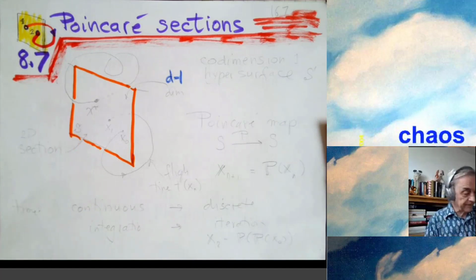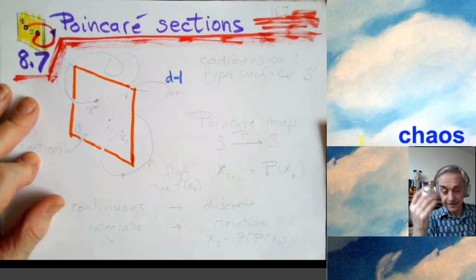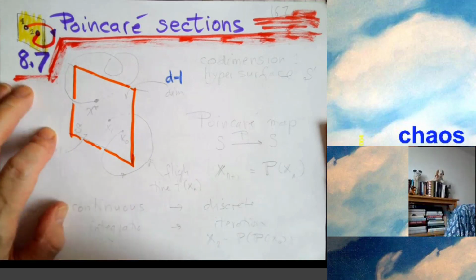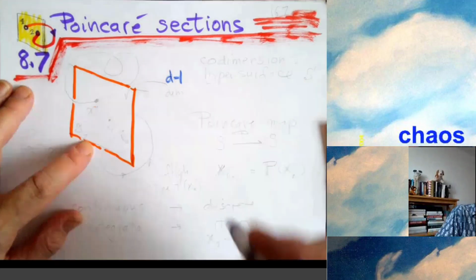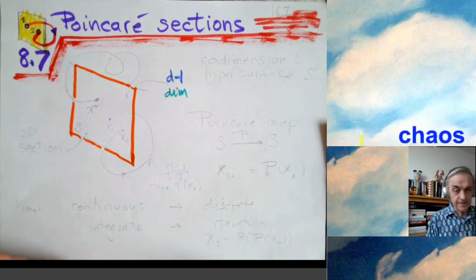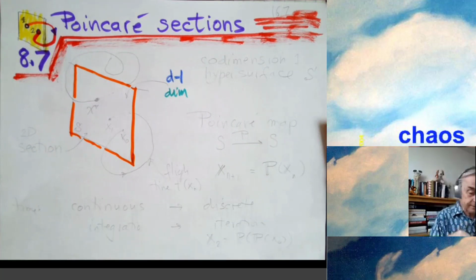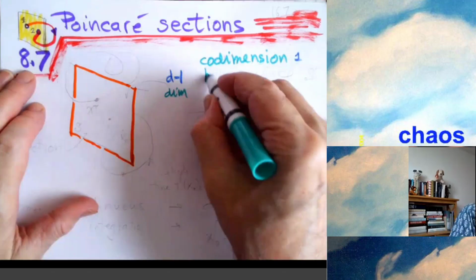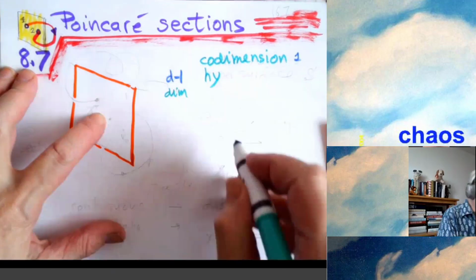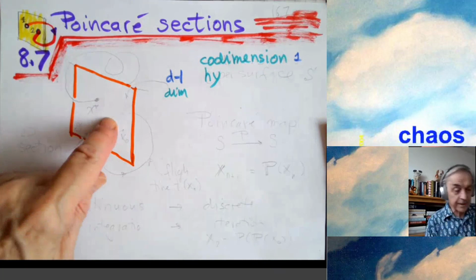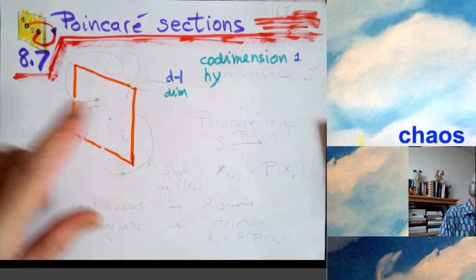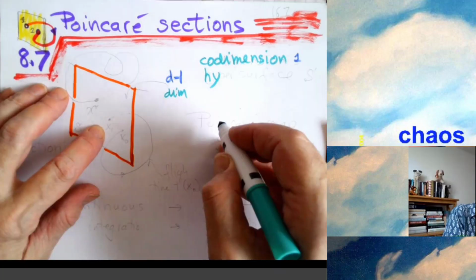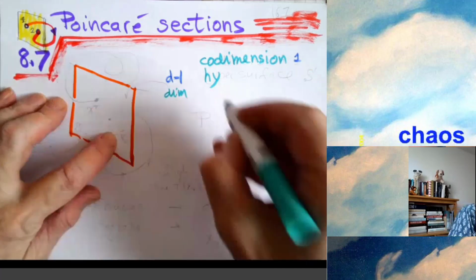It could be 4, 5, 6, 7, infinity, a very large number of dimensions. And in that space, you construct a codimension 1 hypersurface. So for example, this would be a hyperplane. In 4 dimensions, this would be a 3-dimensional hyperplane. 2 dimensions is a line, 3 dimensions it's a plane.